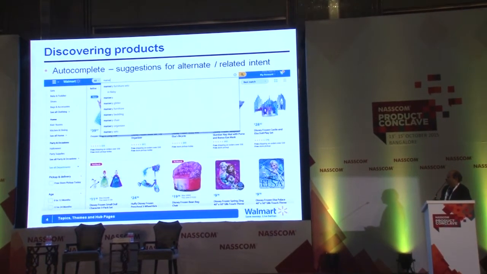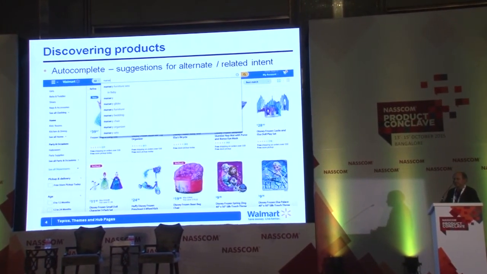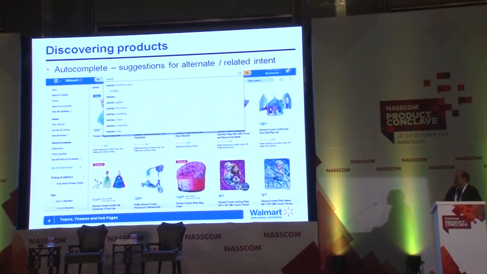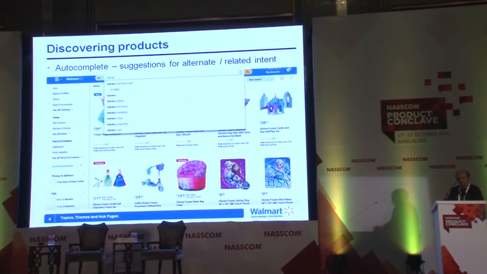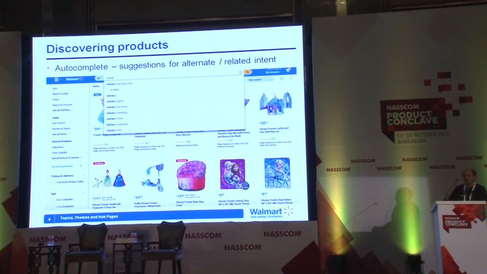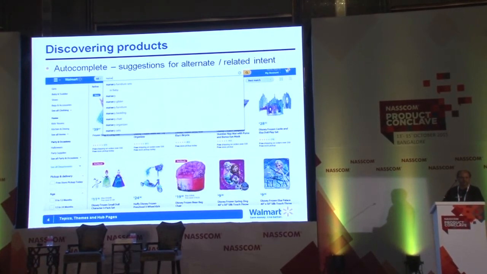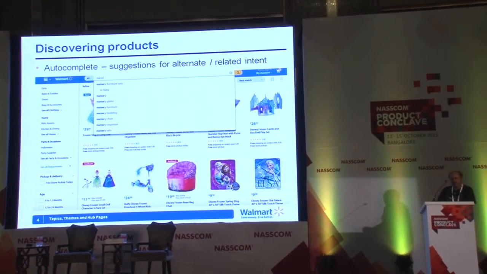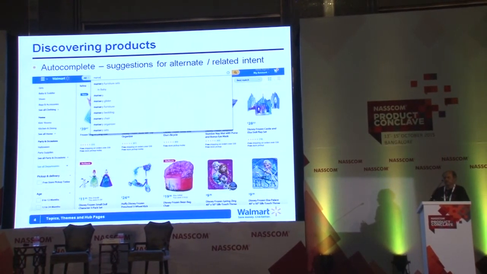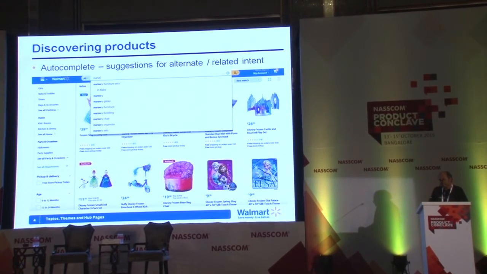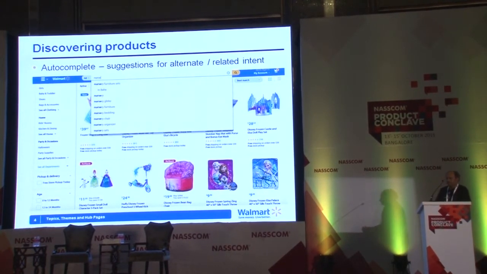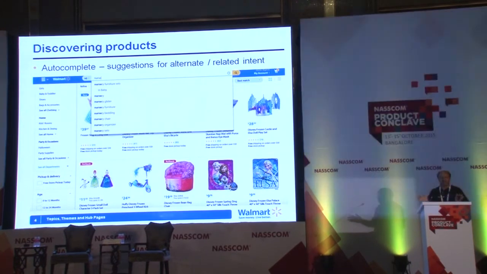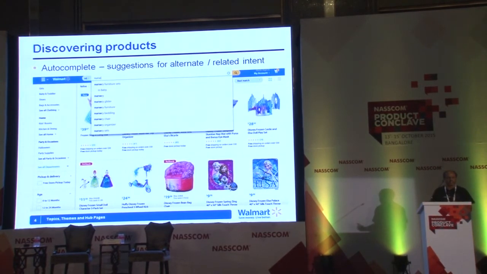A slightly related thing in the search space is autocomplete. The point here is, one, to help the user not type long queries and not make typing mistakes. Those are the obvious ones. But the second, less obvious feature is guiding the user into a different area, which facilitates discovery.